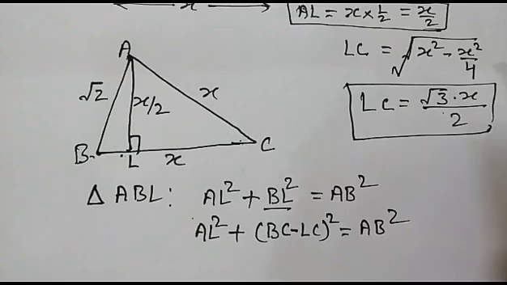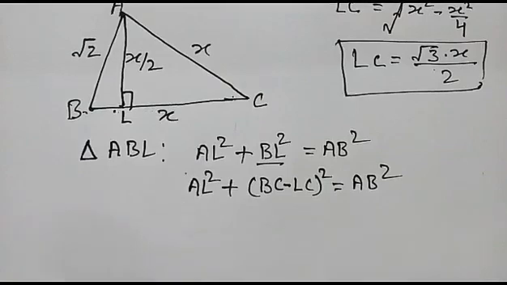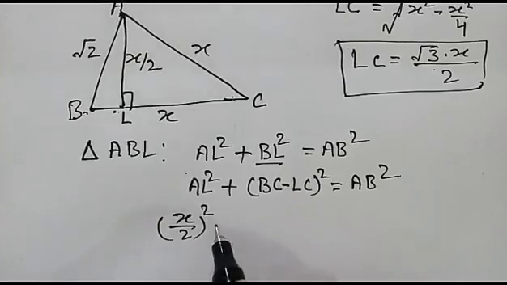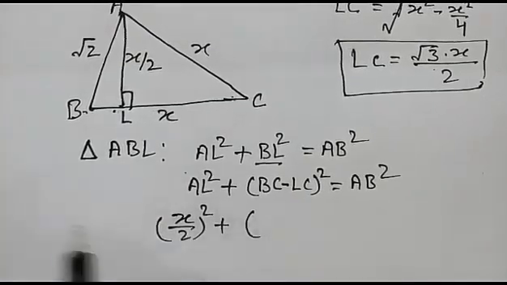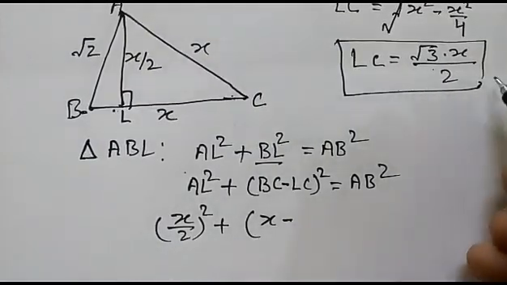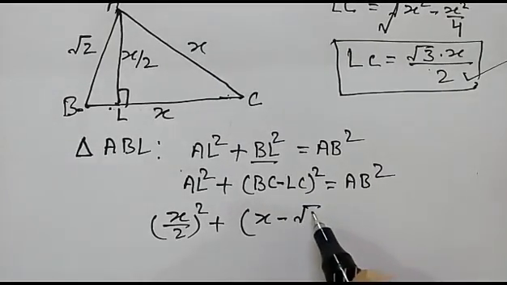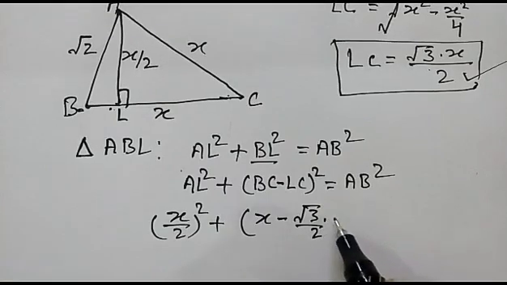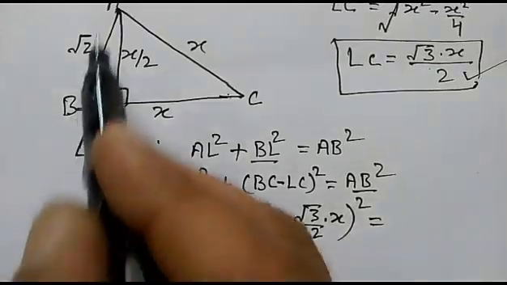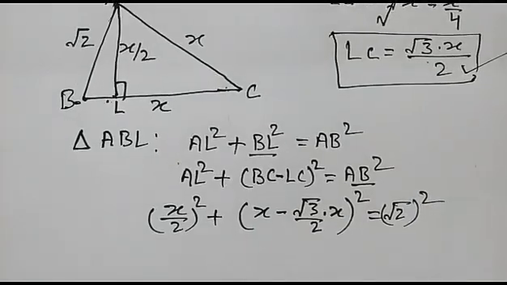As AL is this, x by 2, square, plus BC is x minus LC, this square root of 3/2 into x, square, right, is equal to AB, square root of 2, square, right?